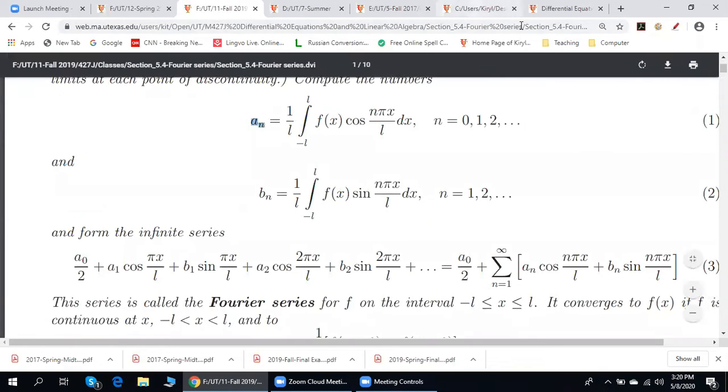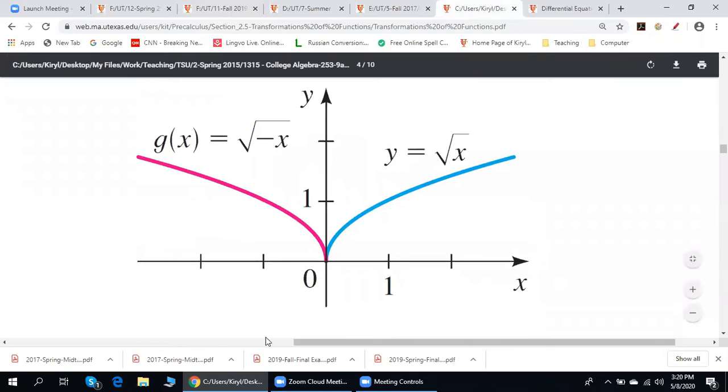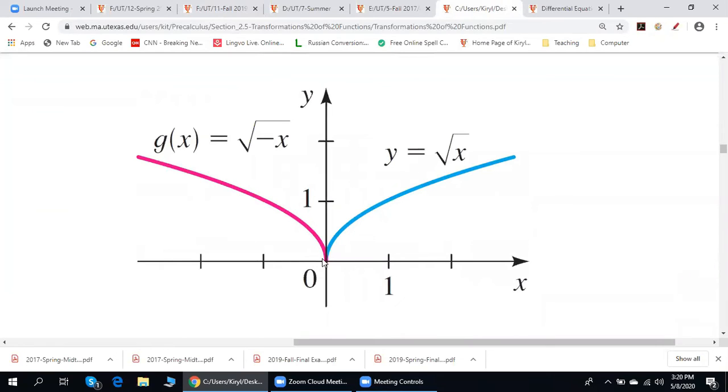But once again, let us go back to this picture. Note that we can draw whatever on the left-hand side. In particular, if we rotate the blue curve 180 degrees about the origin, we will get this.